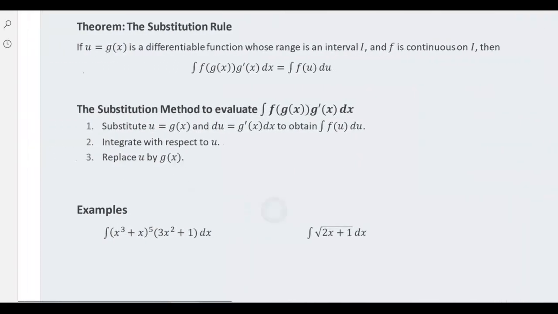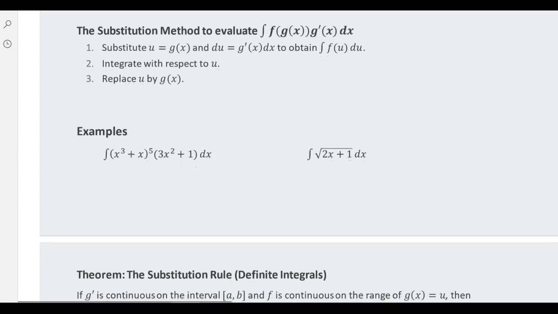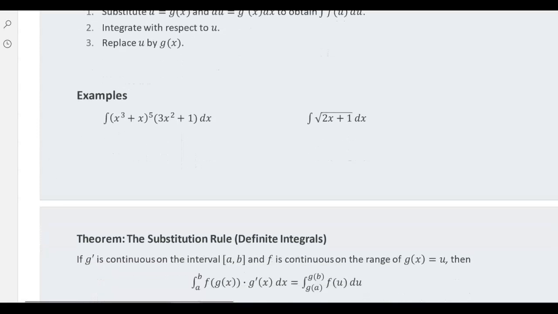In the middle of this slide here, we've got the process that we use, and I'll show you on these two examples here. So for the first example, we want to look at the function and see if we can determine one function overall and then its derivative sitting there at the same time.